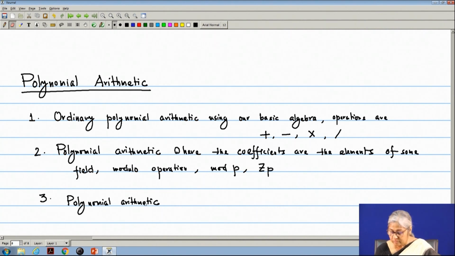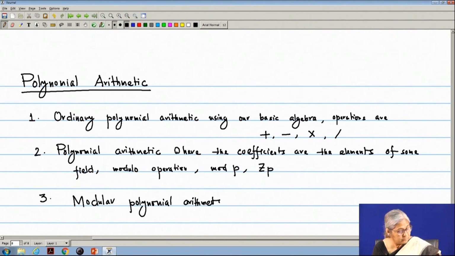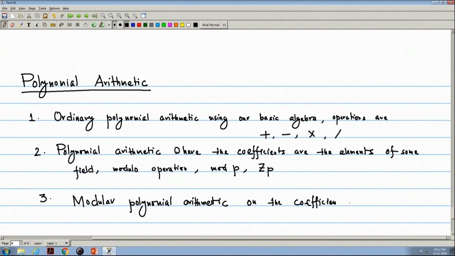So, I write modular polynomial arithmetic, where the coefficients are defined on modulo m(x), where m(x) is a polynomial.